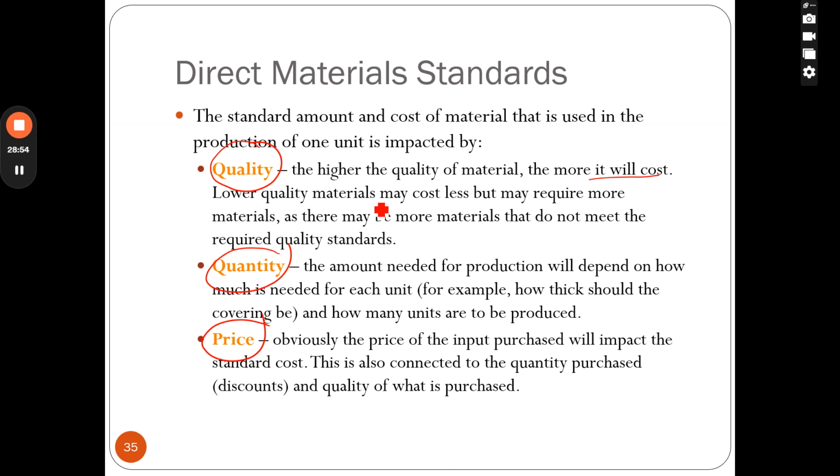Maybe the lower quality material may cost less but may require more materials, as there may be more material that does not meet required quality standards. Maybe you will buy cheap materials and you are getting a lot of damages, so the quantity will increase. So these 3 things, when you are setting up a standard for material, you have to consider: how many units I need, at what quality, and at what price.